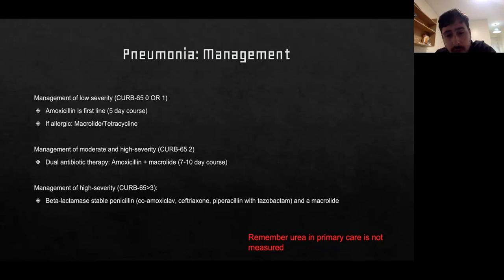If you remember from last year, what we do in that case is co-amoxiclav and clarithromycin. If the CURB score was 2, we could give amoxicillin and clarithromycin for a 7 to 10-day course. If it was lower than that, 0 or 1, we could give amoxicillin for 5 days. So this is very severe and needs the appropriate antibiotic regime for it.